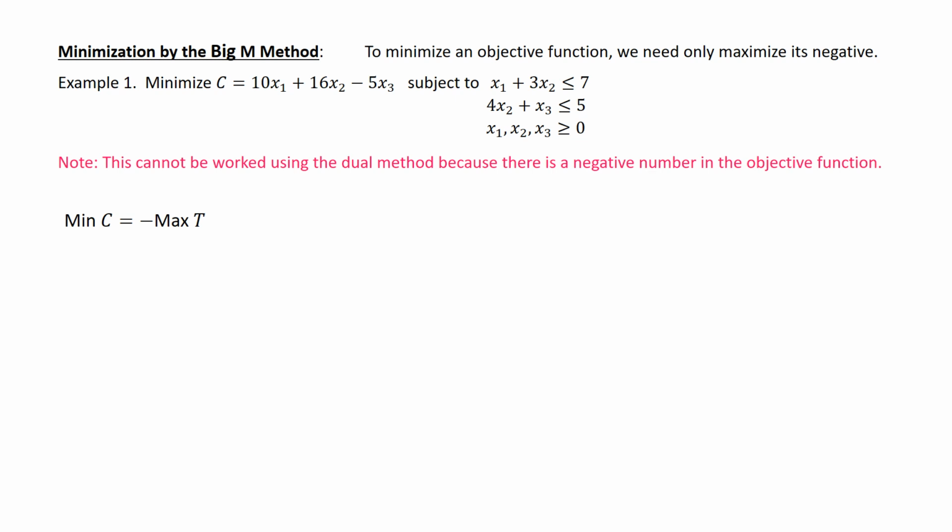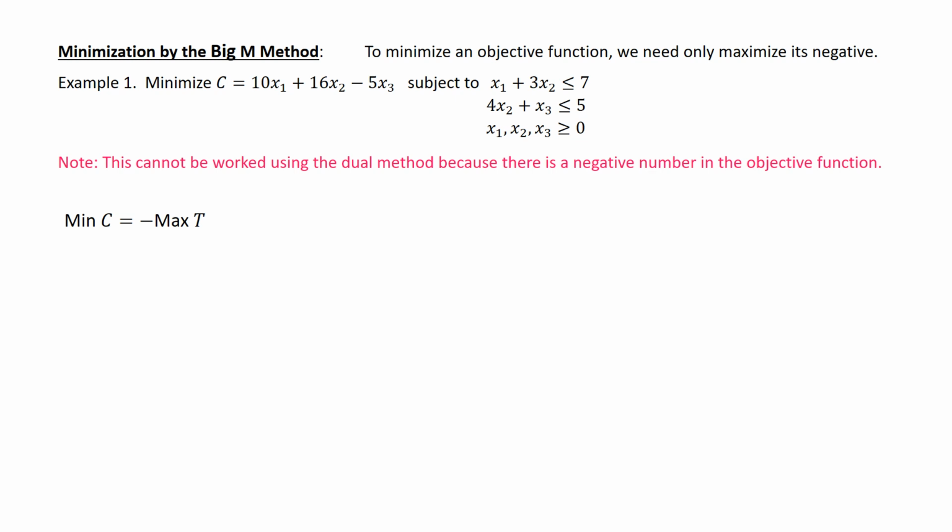What I do need to know is that to minimize the objective, I'm going to maximize its negative. So to do this, we're going to introduce a maximization objective function t. So min c is equal to negative max t.